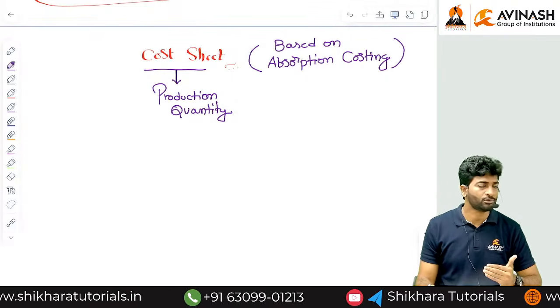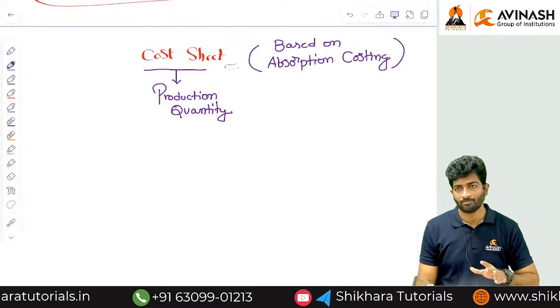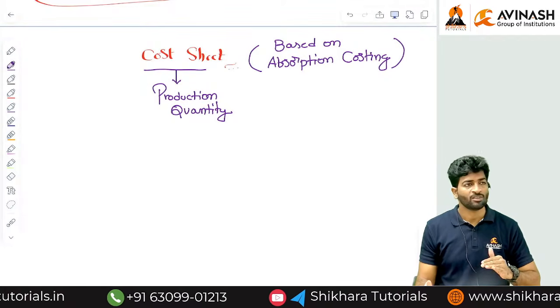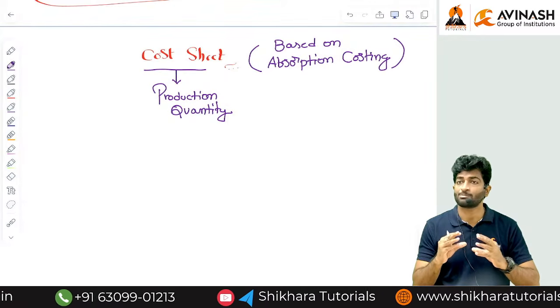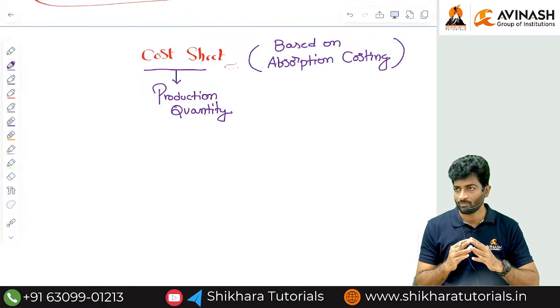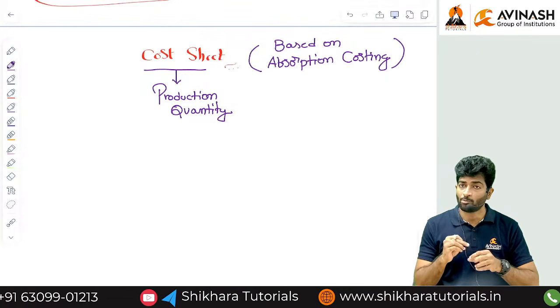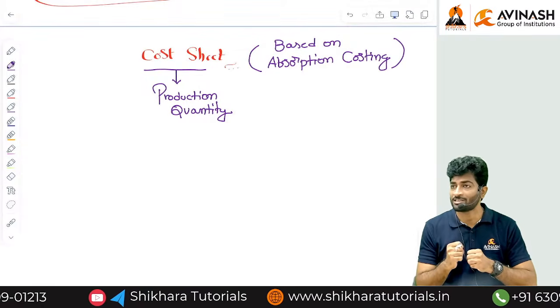When it comes to absorption costing, costs are classified based on functions. Each and every expense will be shown under a specific head. Factory expenses, factory overheads, both variable and fixed put together, we show as total factory expenses in the cost sheet.